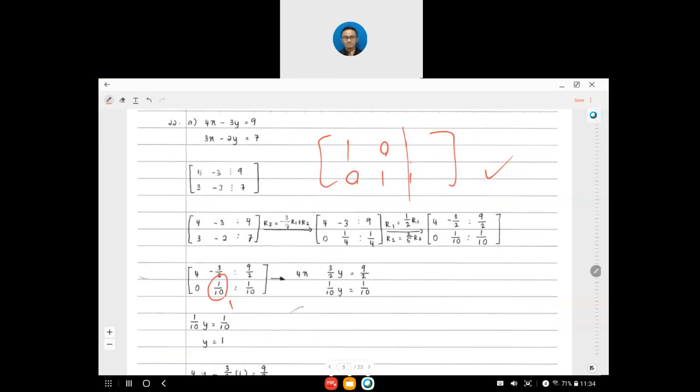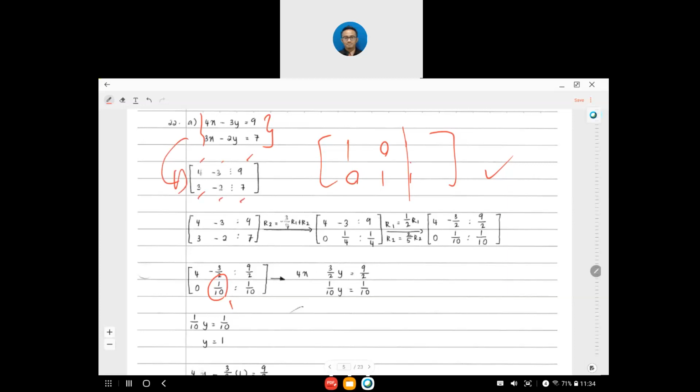Okay, question 22A. So you have 4x minus 3y equal to 9 and 3x minus 2y equal to 7. This one, change to augmented matrix. So you can get 4, negative 3, 9, and then 3, negative 2, 7.